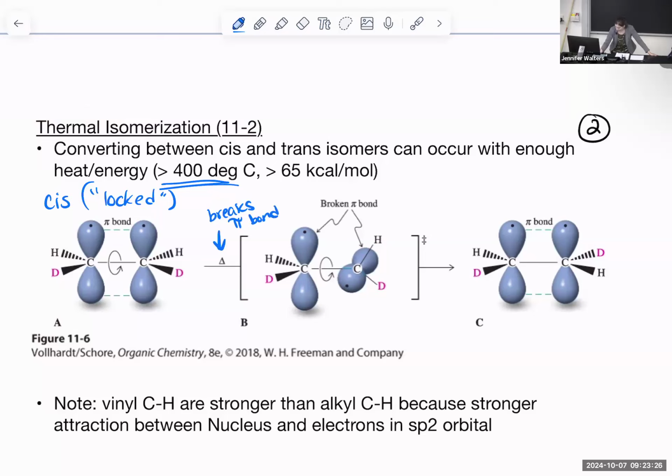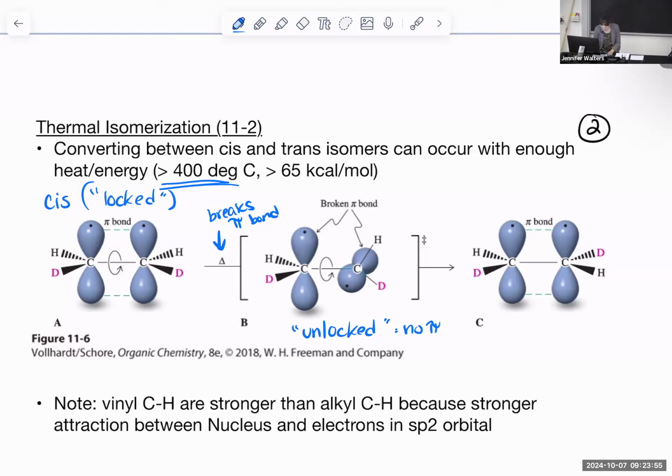So it rotates out, so that now it's essentially unlocked. There's no pi bond at that point. So now we have the option of when we rotate, do we rotate back up or do we rotate down? You can rotate in either direction, and you're going to rotate to whichever one gives you the more stable alkene.